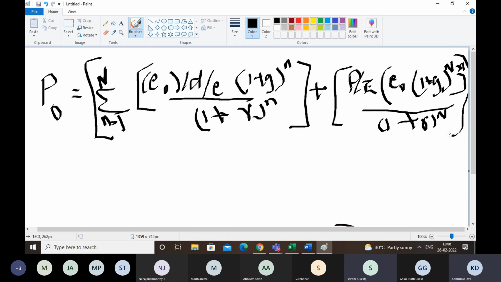I will maybe type and give you, or I will just post in the group. Ma'am, what is written in the bottom? The second part? I'm posting in the group.